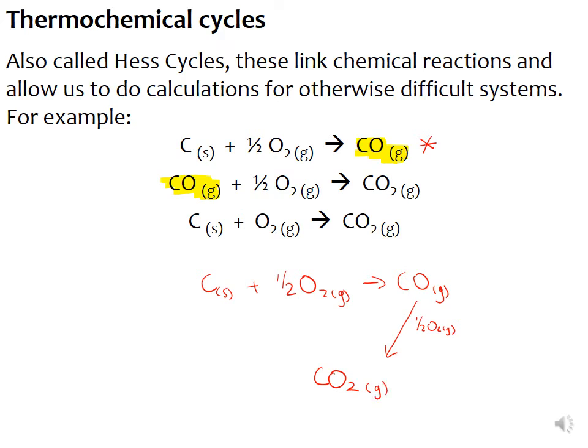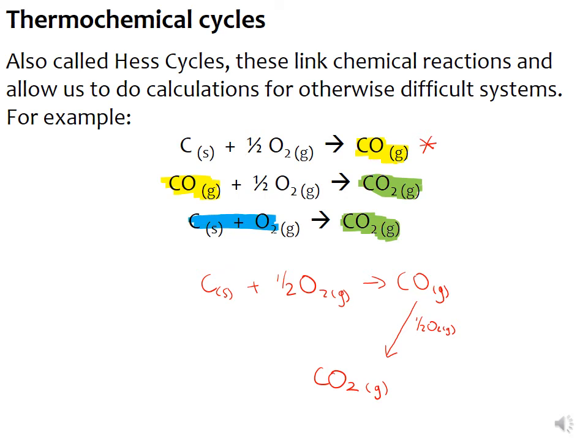Now, what we've also got here is that this reaction forms CO2. And if we look, CO2 appears exactly the same as the product for a second reaction. And the reaction that we've got here is that carbon solid plus O2 forms CO2. Well, we've got in our chemical reaction, if we look just here, carbon solid and O2 gaseous.